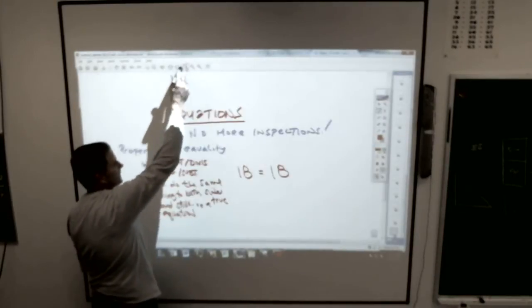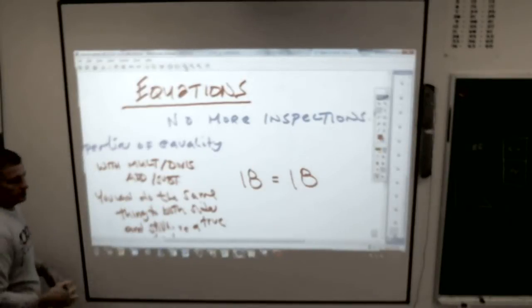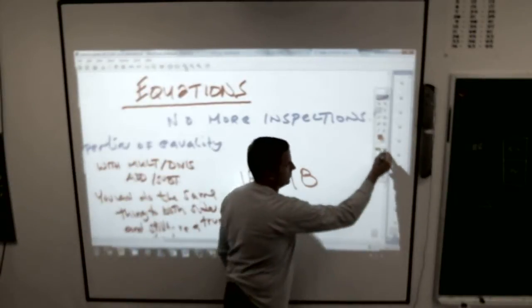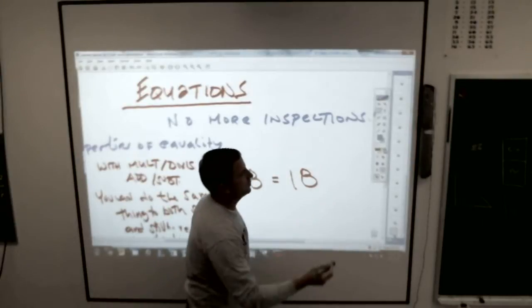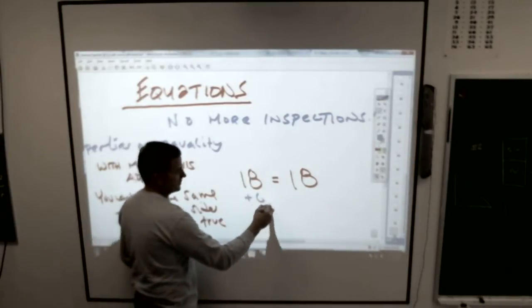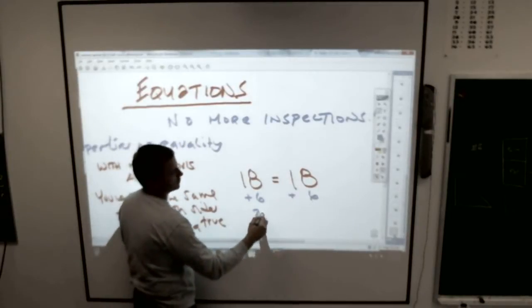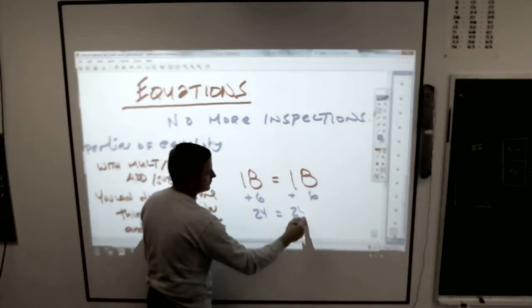Okay, which means this, if you wrote that down there. Going back to my simple little equation, that means this. And you get to pick whatever number you want. For example, I can add 6 to both sides of my equation, and guess what I get? I get a true equation. 24 does equal 24.